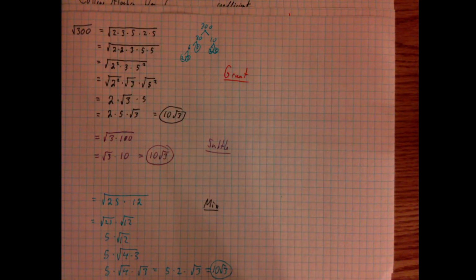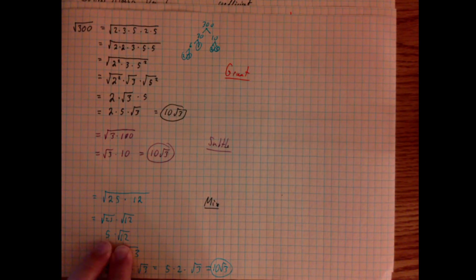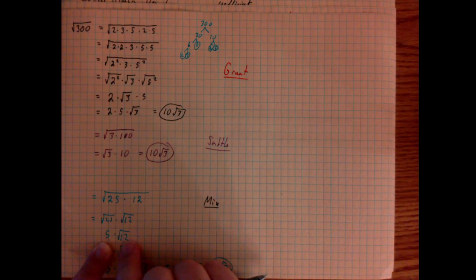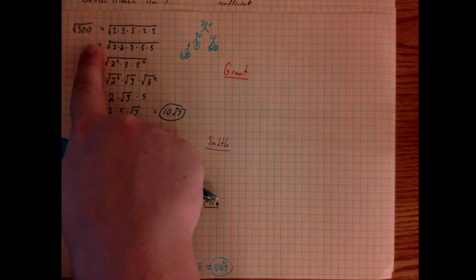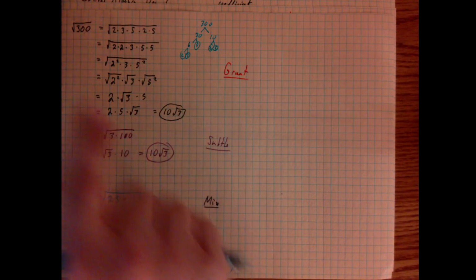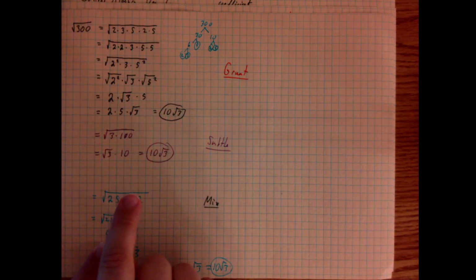Remember, the goal is that we all agree this is the answer. And so while this is technically true, this is the right answer, because it's the smallest radicand. If you type in 5 times the square root of 12 into a calculator, and then type in the square root of 300, or you type in 10 square root of 3, all three of these are the same decimal.